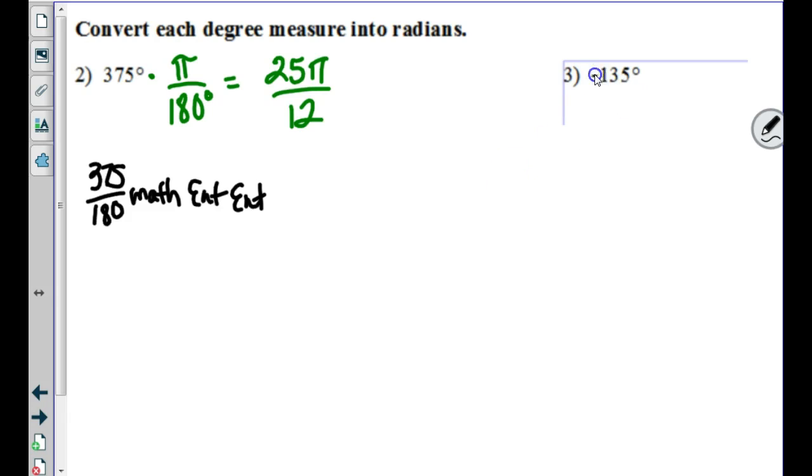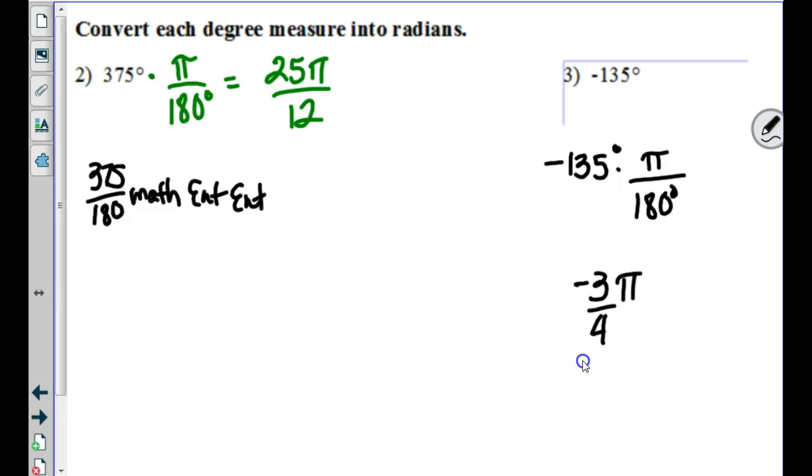All right, don't forget the negative on this one, guys, when you do it. So it's negative 135 times, again, this is degrees, so we need the 180 degrees in the denominator, pi in the numerator. 3/4, is that right? Negative 3/4. Everybody good? You can write that as negative 3/4 pi, or negative 3 pi over 4.